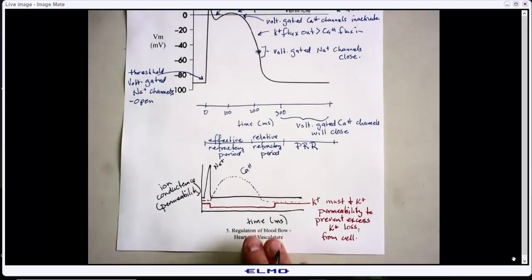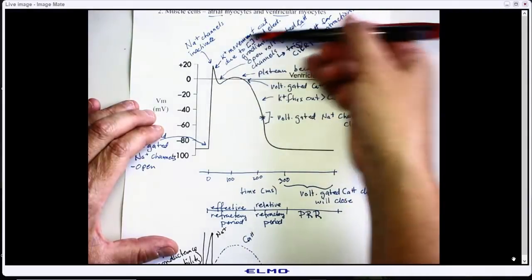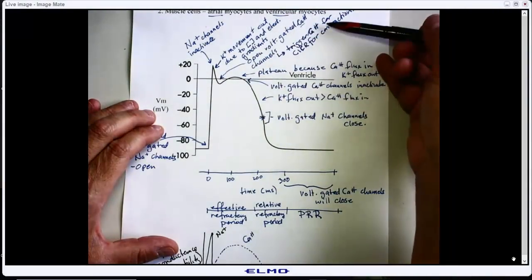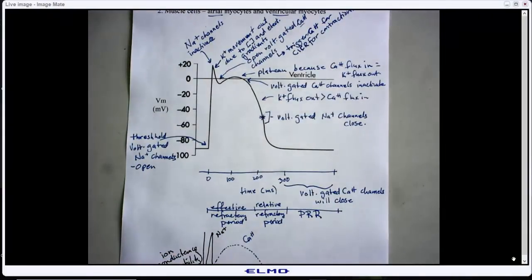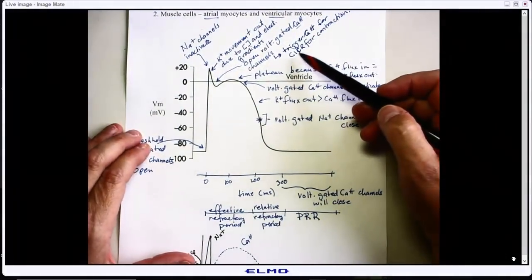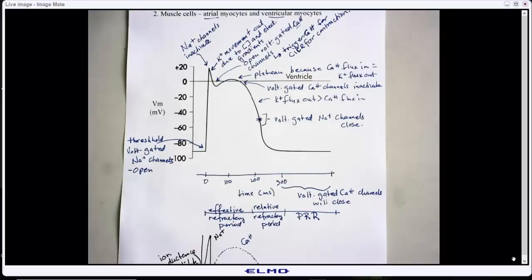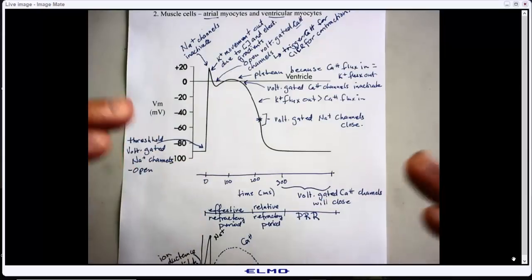All right, so we can get an action potential going in this thing, open voltage gated sodium channels, open voltage gated calcium channels, and then that calcium acts as trigger calcium to promote calcium-induced calcium release from the SR. That calcium moves towards the contractile machinery of the myocyte and gets actin and myosin together, sliding filaments.